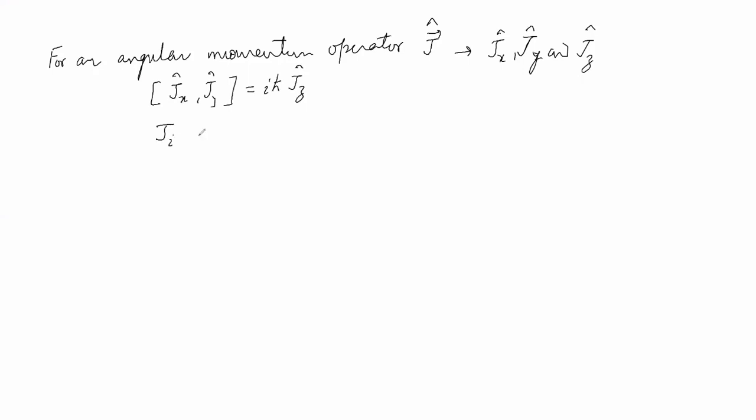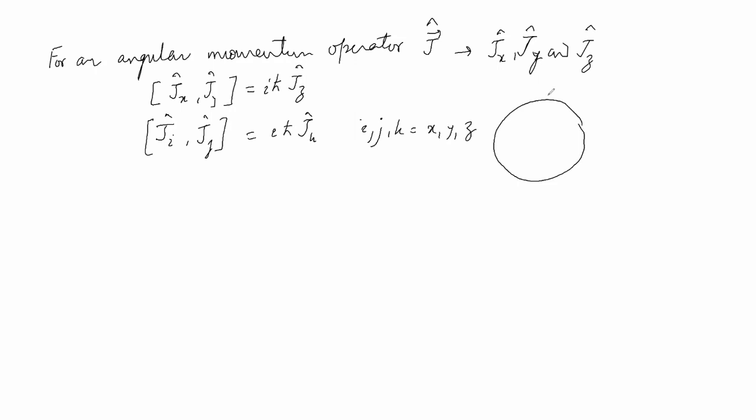In general, I had told you that [Ji, Jj] equals iħ Jk, where i, j, k are x, y, or z, and they have this cyclic character: Jx and Jy will give you Jz, Jy and Jz will give you Jx, etc.